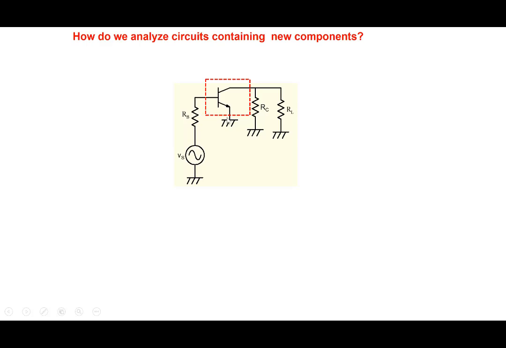So what if we could take the transistor and represent it in terms of circuit elements, right? Some kind of a model here consisting of dependent sources and resistors and capacitors. Then we could take the transistor out, substitute it here, and thereby analyze the circuit. We'll see what kind of a representation a transistor may have towards the end of the lecture here.